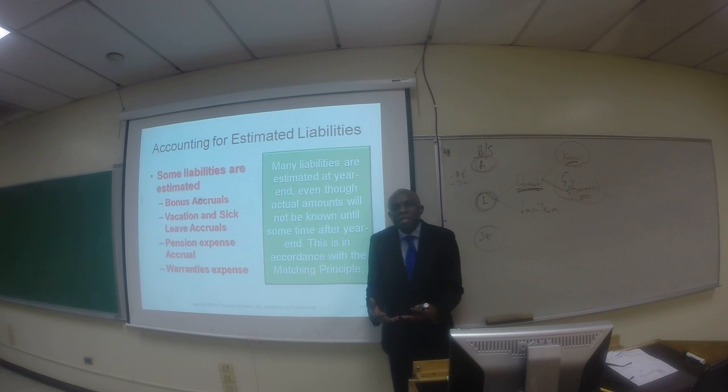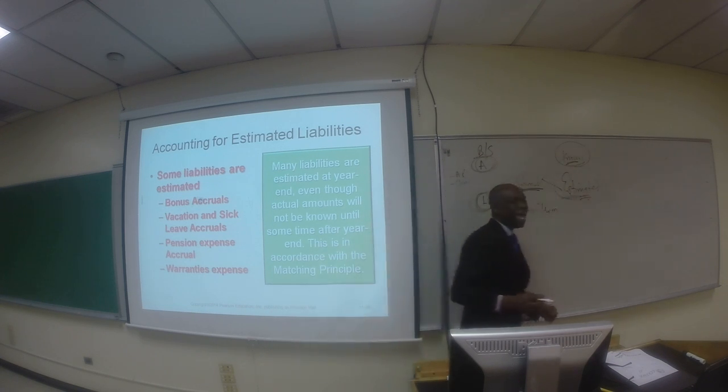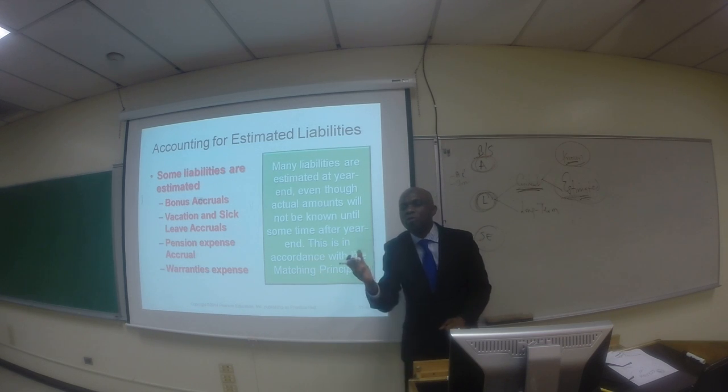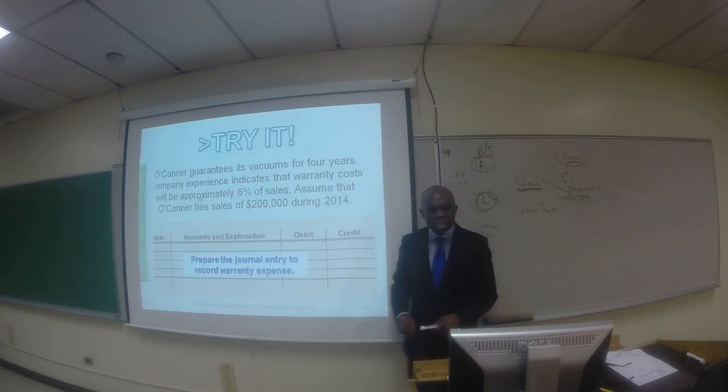However, you know it is inevitable that some of them are going to be returned for repairs or replacement. So at the end of the year, you have to come up with an estimate of X amount of dollars. You have to make provision for X amount of dollars of replacement or repairs in the future, so that you can recognize warranty expense for that particular year. So that is what we are doing here.